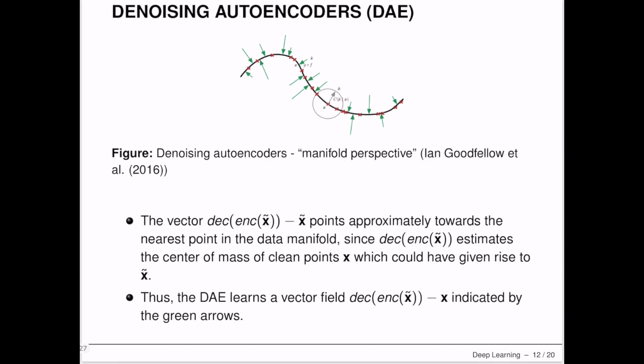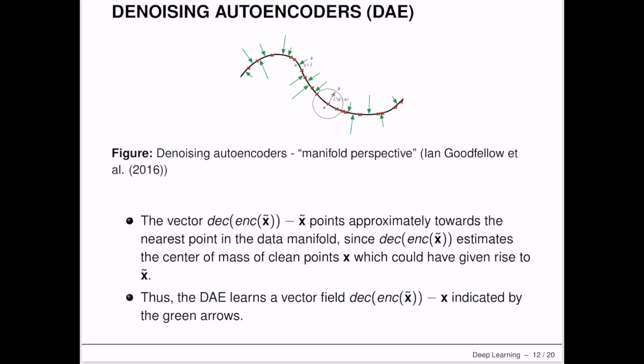And for the trained model, we always map our corrupted points back to the data manifold. This is shown here by all the green lines. If we had corrupted data points at the end of the green lines, they would be mapped back to the data manifold, because the difference of our reconstruction and the corrupted data points, which is just given by these green arrows, points to the data manifold.